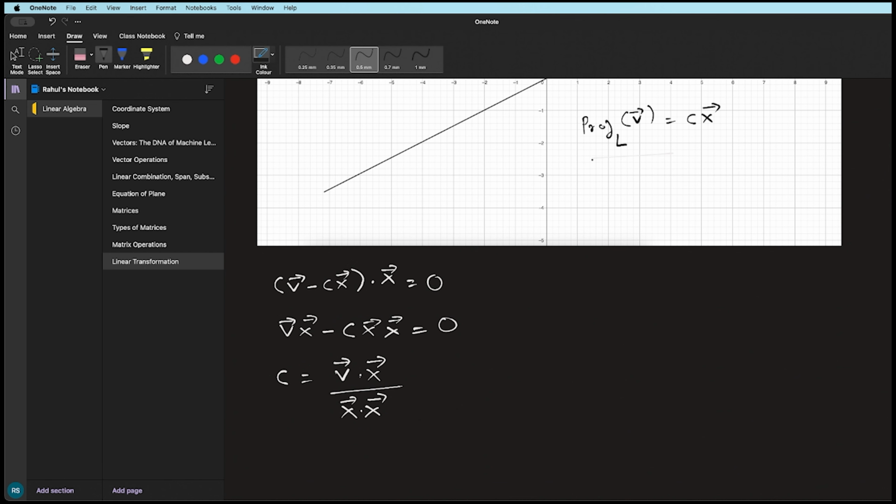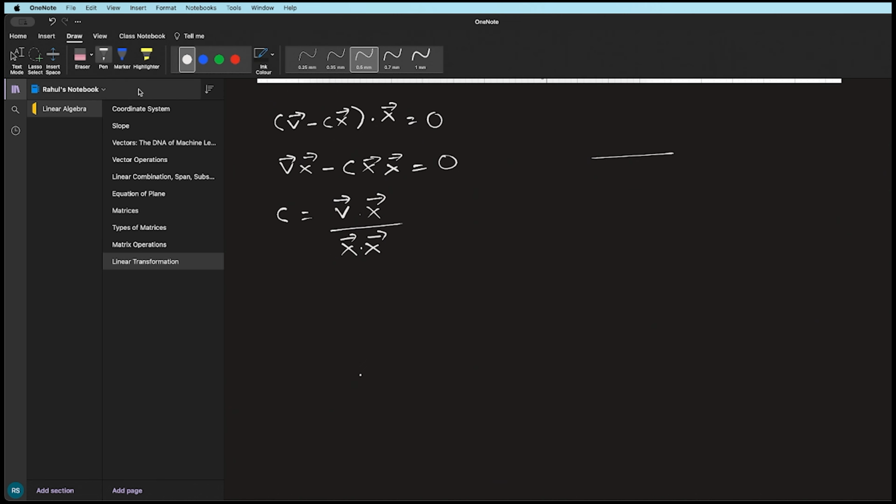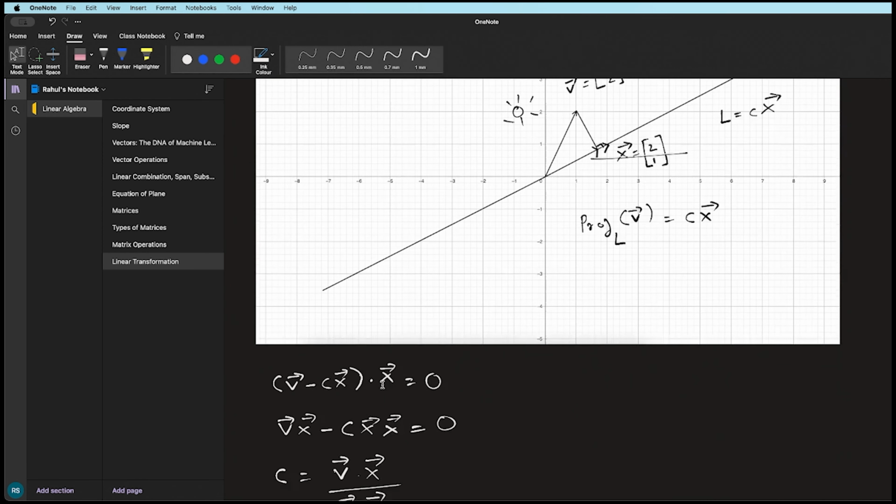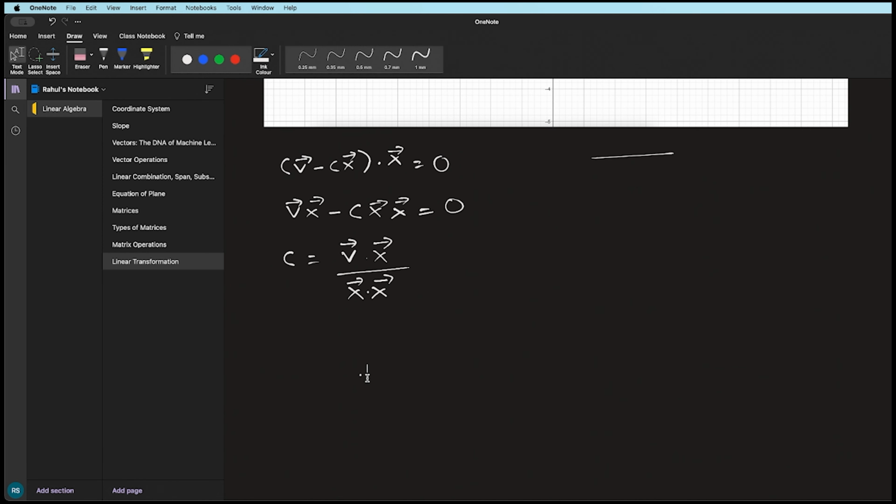So I can write the projection of vector v on L equal to v dot x upon x dot x, into vector x.